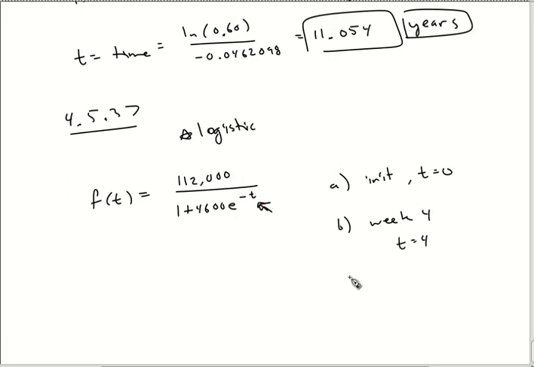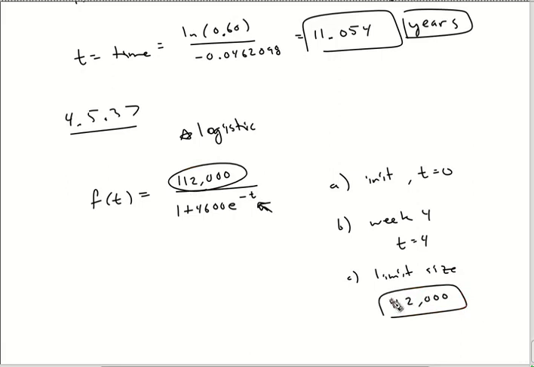And then C, it says, what's the limiting size? It's always the numerator. Always. So you type that in, you're done. Okay, so there's your numerator. Ta-da! I'm pretty sure I did this back in 4.1. So, moving on.